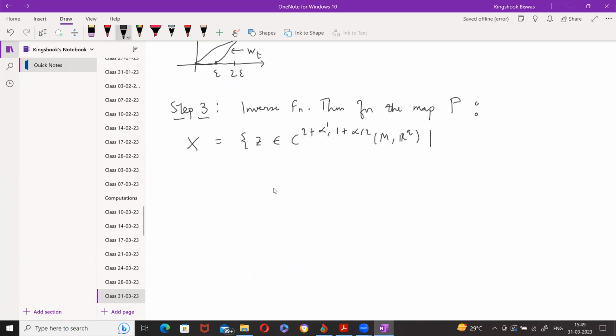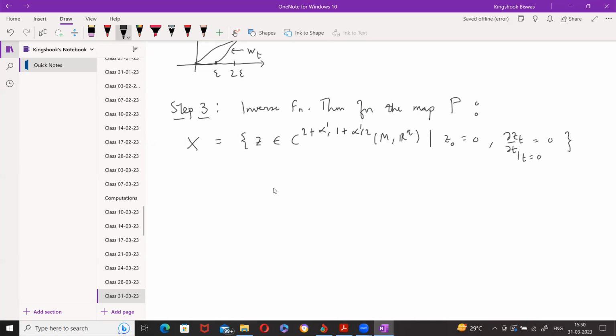Alpha prime and 1 plus alpha prime by 2. So Z at time 0, Z naught, is 0, and del Z del T at time 0 is 0. So this is a closed subspace of my Banach space.